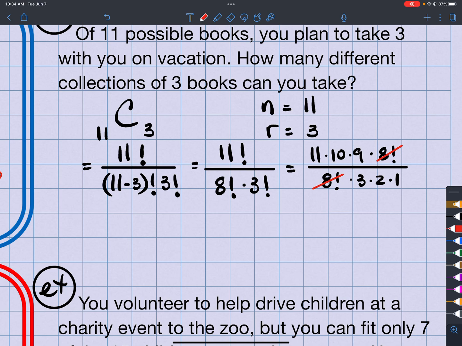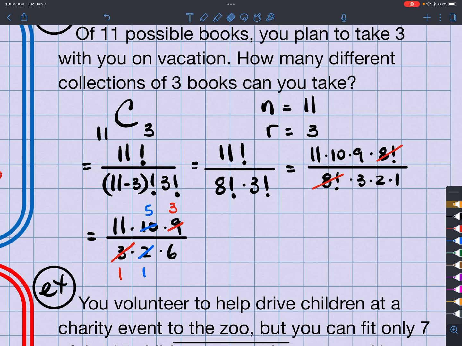I could reduce if you want to from here. You can definitely reduce if you want to, or you can just go along with this. But it's probably better to reduce. Let's go and rewrite it, and then we'll reduce it. So 3 goes into 3 once, goes into 9 3 times. 2 goes into 2 once, and into 10 5 times.